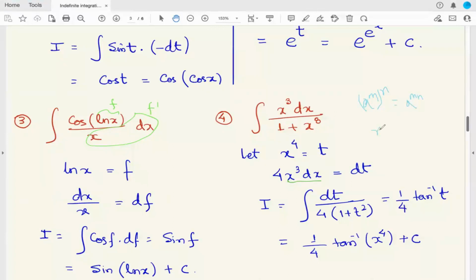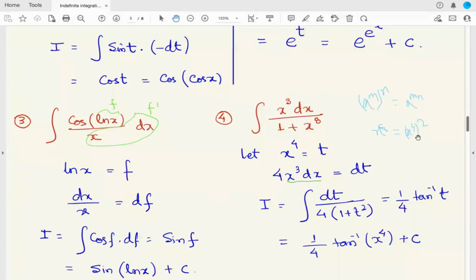We can write x to the power 8 as x to the power 4 whole square, right? So now look into this. In the numerator there is x cube and there is x to the power 8, which we can write as x^4 whole square.